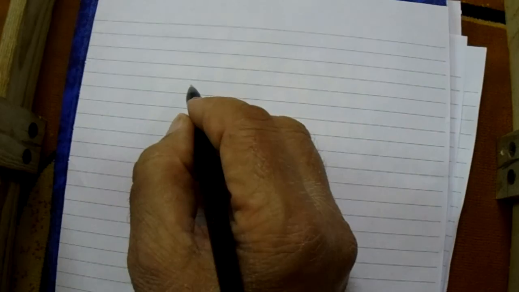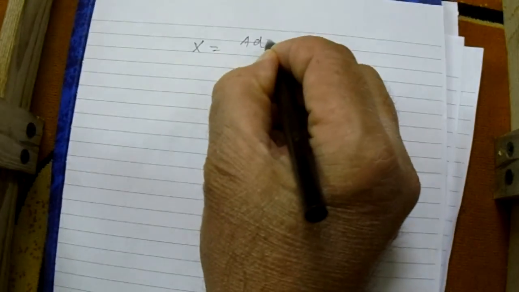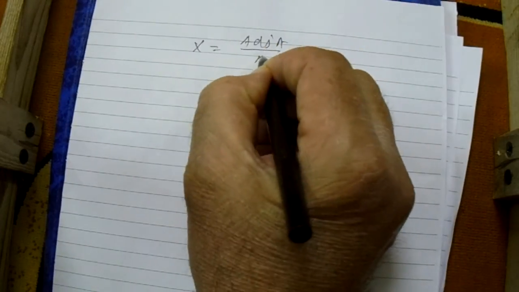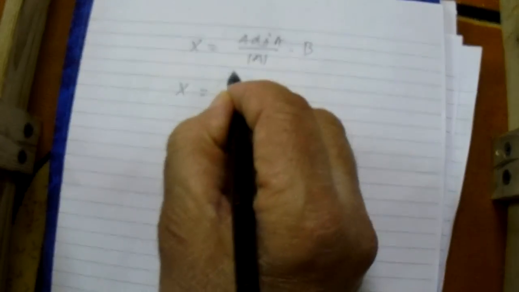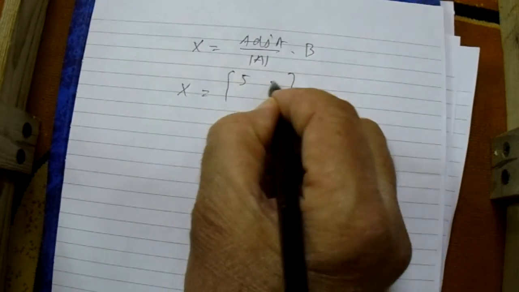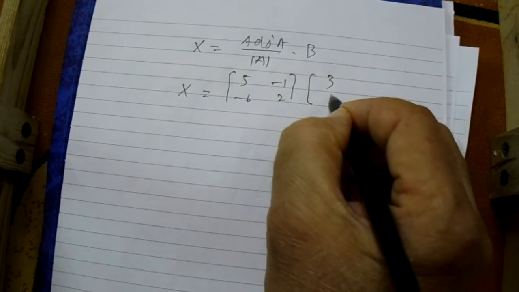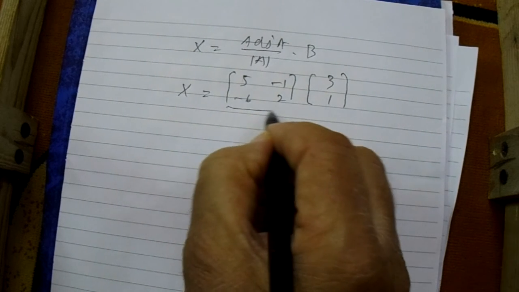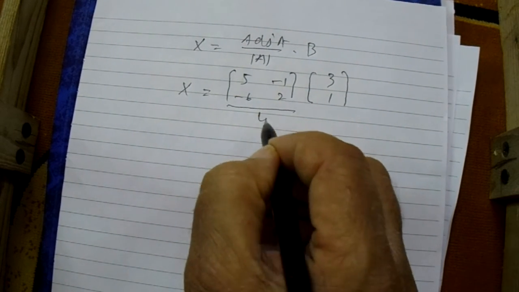Now we have X is equal to adjoint A over determinant A into B. Now X is equal to adjoint A, which we found to be 5, minus 1, minus 6 and 2, times B, which is 3 1, and in the denominator determinant A, which is equal to 4.